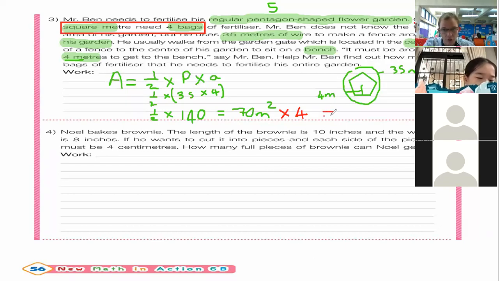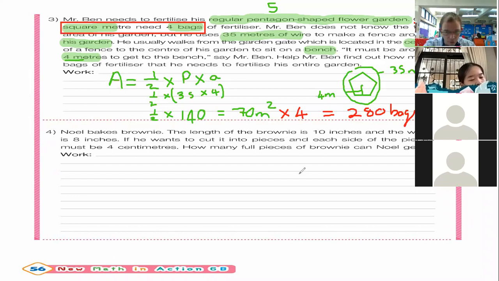So 70 times 4 equals 280. Sorry, I'm making a mistake here. Equals 280 bags of fertilizer. I'm just going to write FERT for short. Bags of fertilizer.